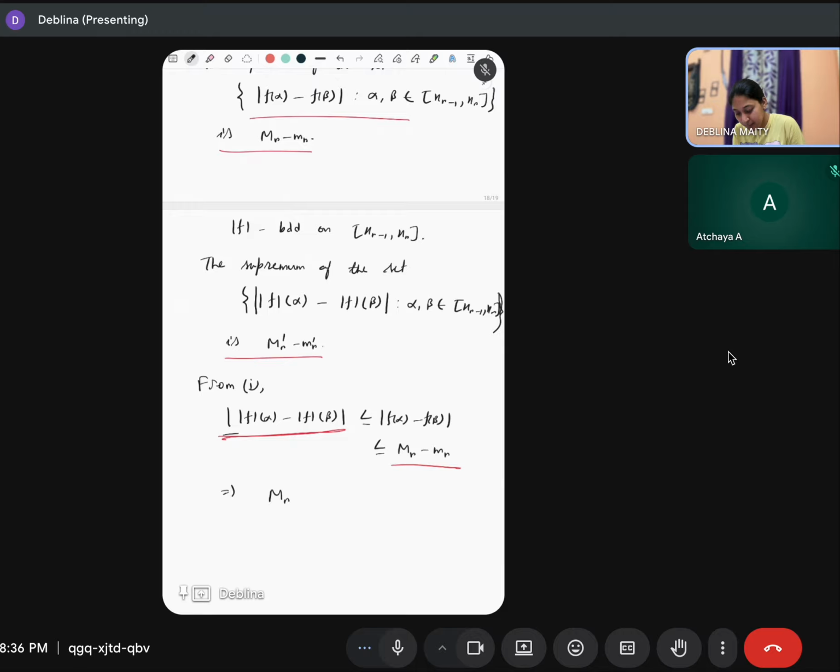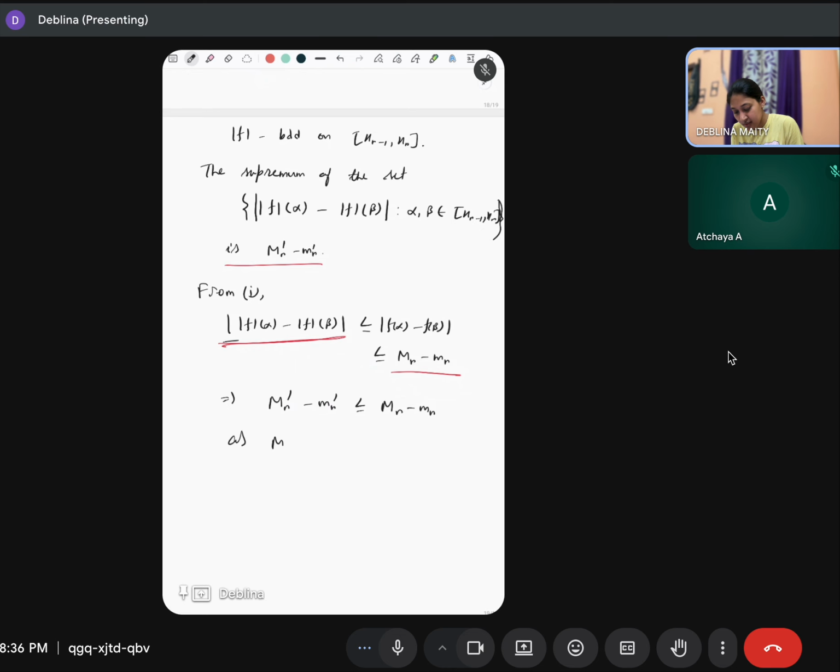So this implies capital M_r dash minus small m_r dash is less than or equal to this, as capital M_r dash minus small m_r dash, this number, is the supremum of this set, and capital M_r minus small m_r is an upper bound.